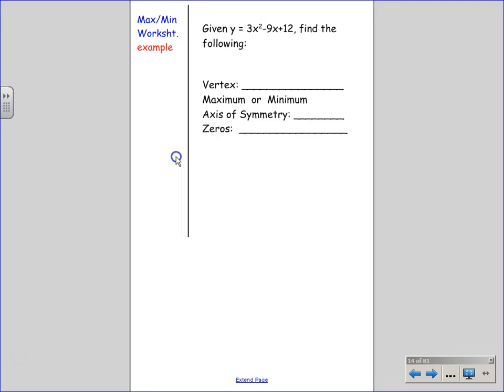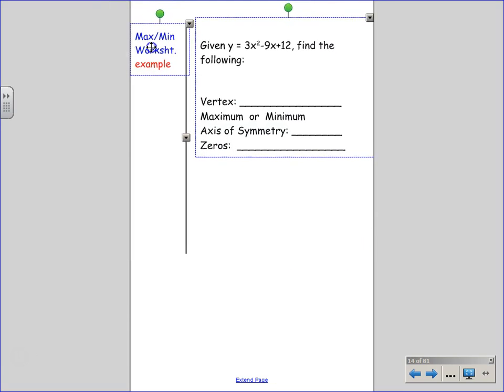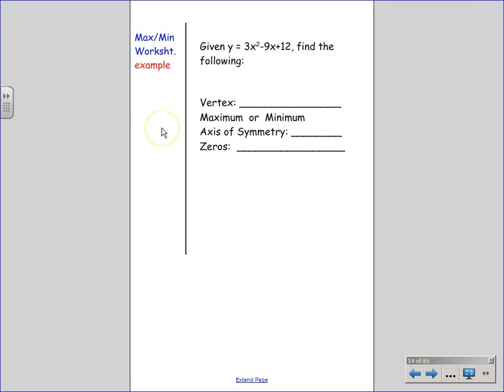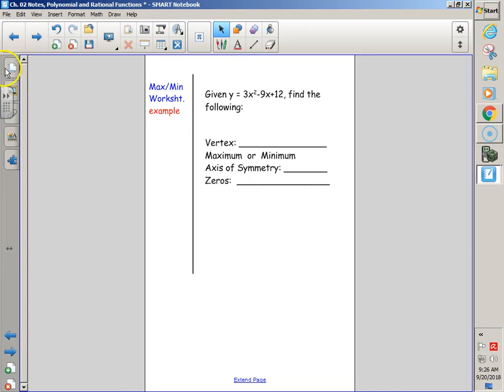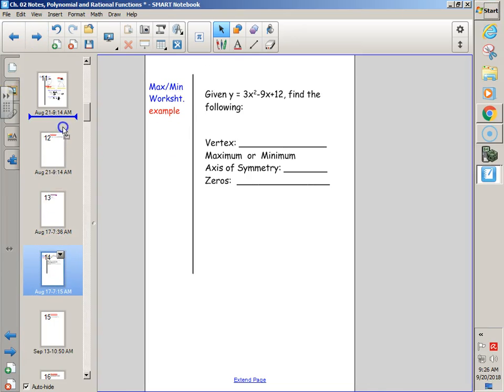Let me see if I can find the first one. Oh, this is an example. Let's do this in our notes. It's not a specific one on the worksheet. I think I might have been tricky since you're honors and made you a whole brand new one for us to do in our notes.